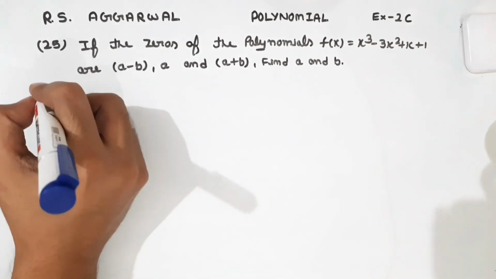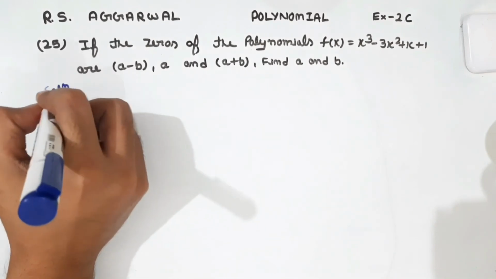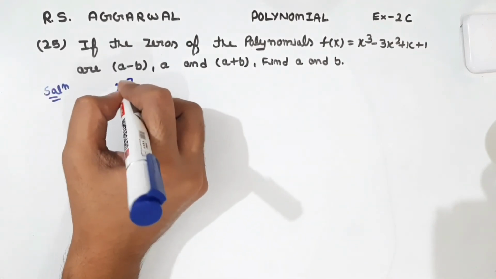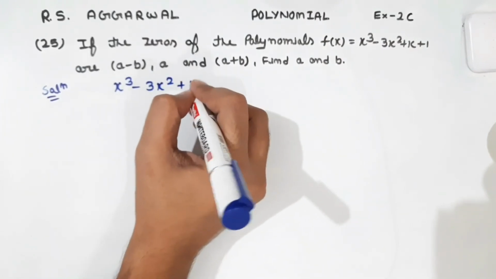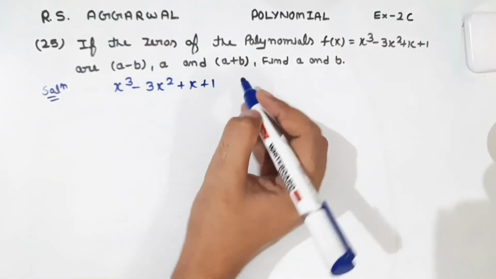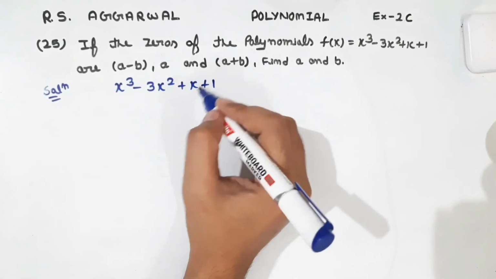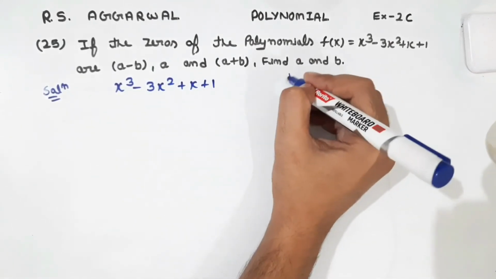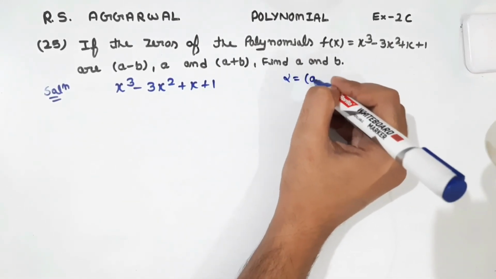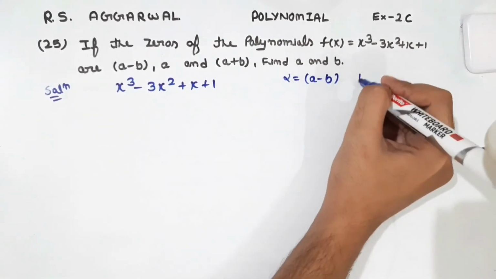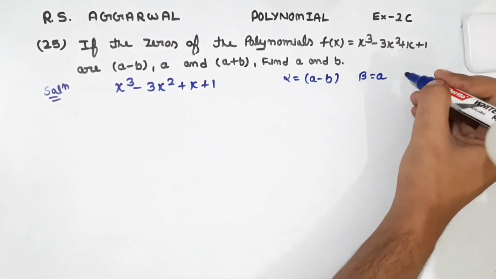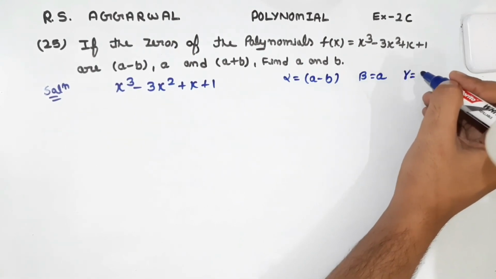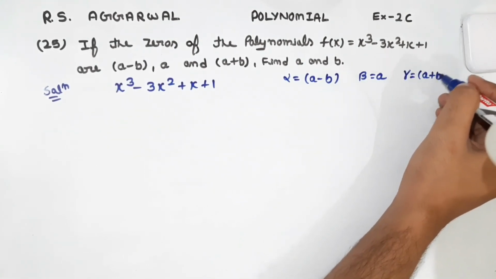So in this problem we have a cubic polynomial x cube minus 3x square plus x plus 1. We have been given the three zeros of this polynomial. First zero is alpha, that is equal to a minus b. Second zero is beta, that is equal to a. And third zero is gamma, that is equal to a plus b.